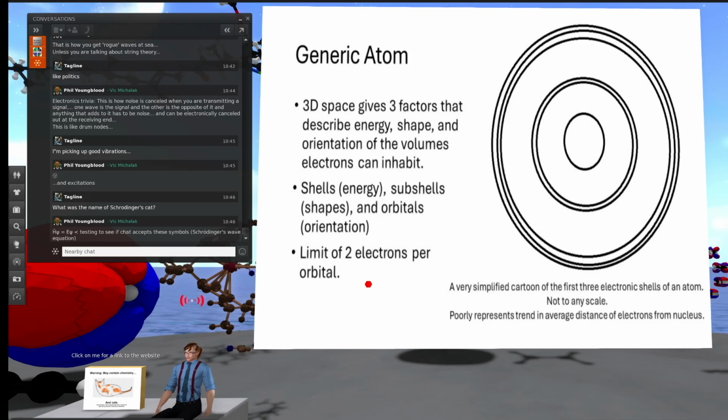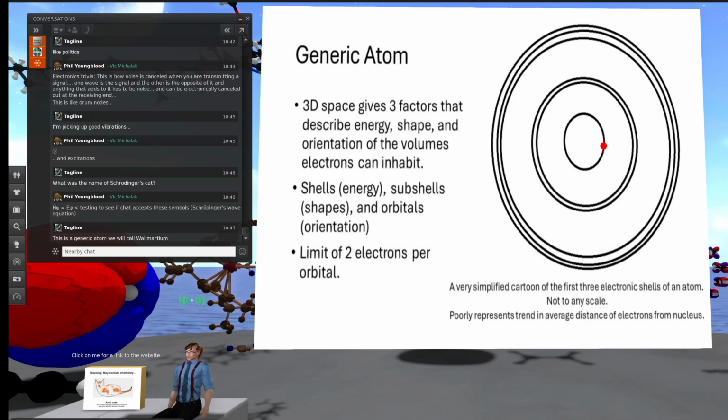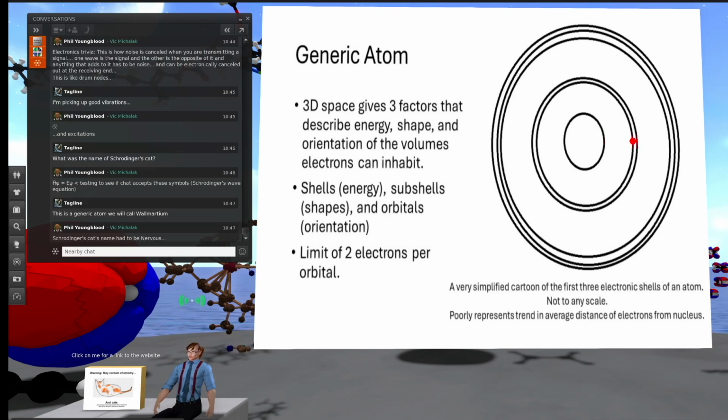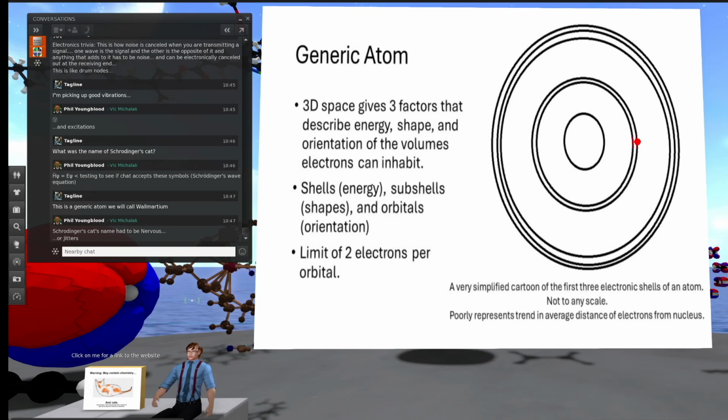This is a generic atom. So right in the center here, there's going to be a nucleus, and where electrons can go are represented by each of the circles. And so these circles are organized into shells. So in our first shell, we've got a single, we'll call it a subshell, just one line. In our second shell, we've got two subshells.